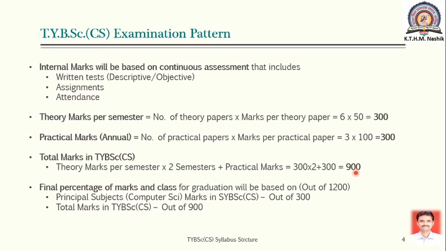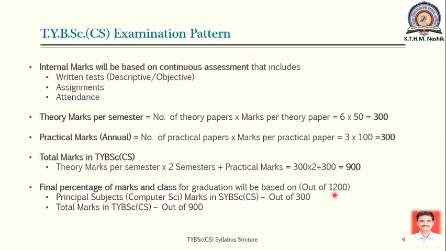Computer Science. However, at the graduation, final percentage of marks or class will be based on SY principal subject, that is computer science courses, second year, that is out of 300, and TY BSc Computer Science out of 900, total out of 1200.